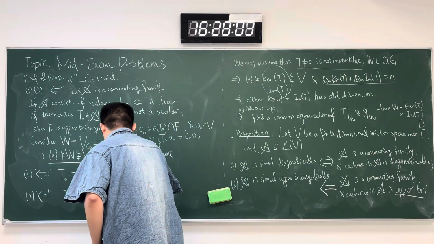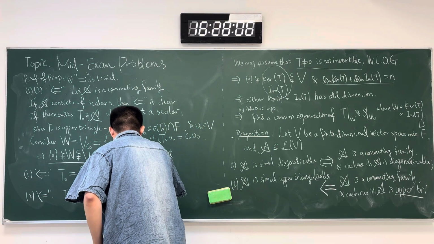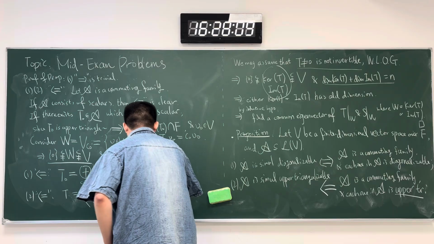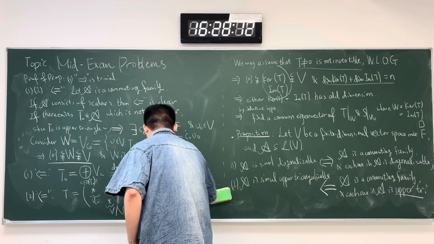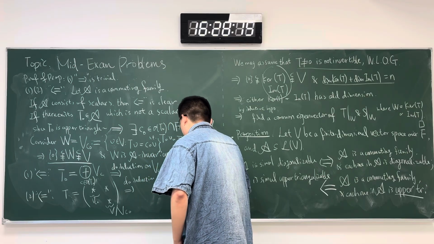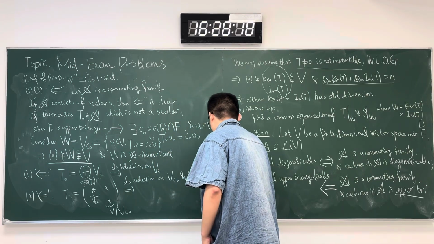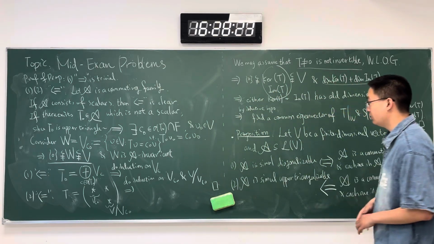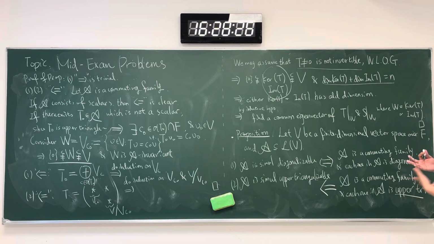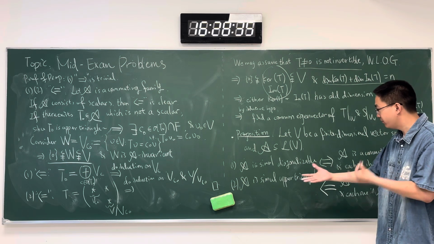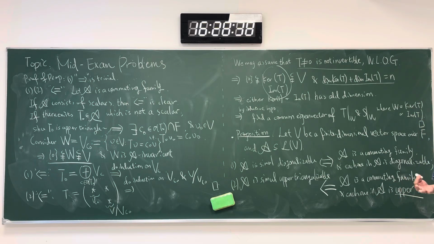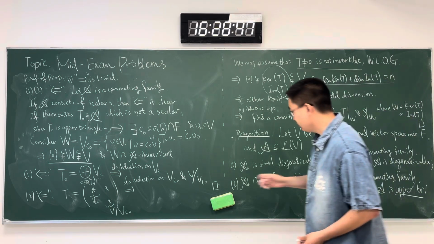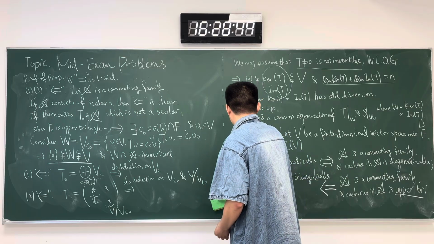Then we do induction on V c0 and the quotient space V modulo V c0. So the proof is done. So I basically explained that for a commuting family of linear transformations, if each one in the family is diagonalizable or upper triangularizable, then they can be simultaneously put into the diagonal form or the upper triangular form. That's our basic observation.